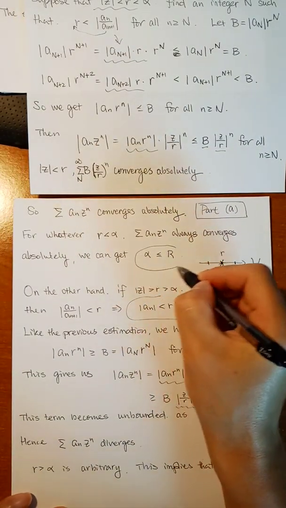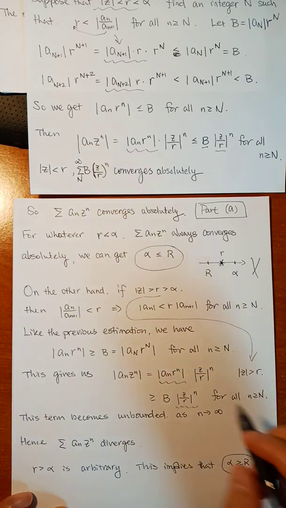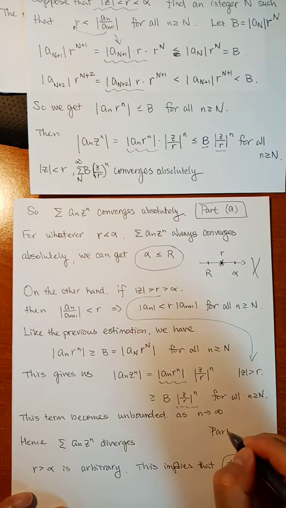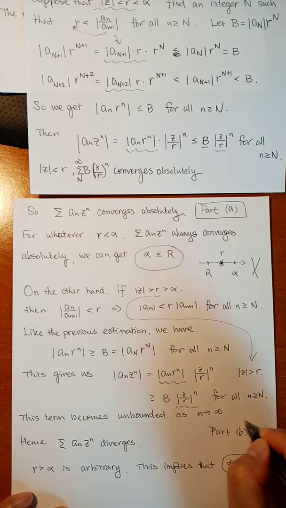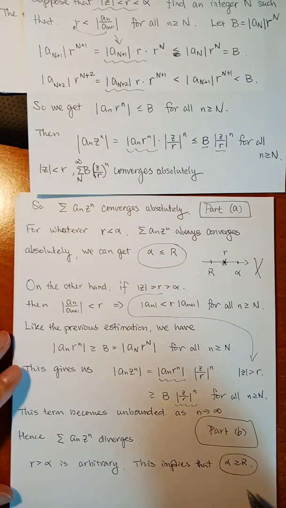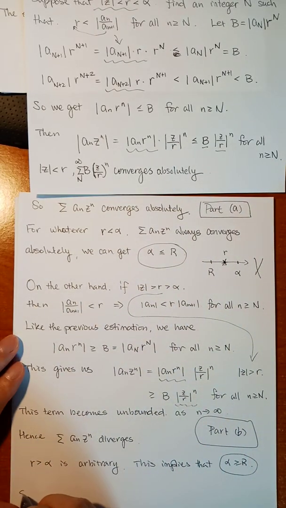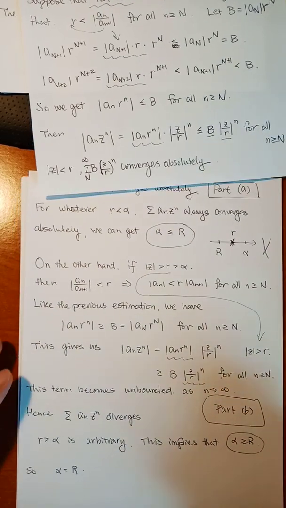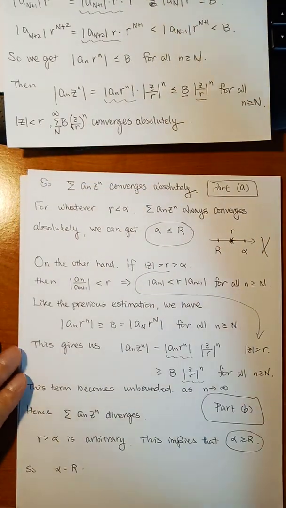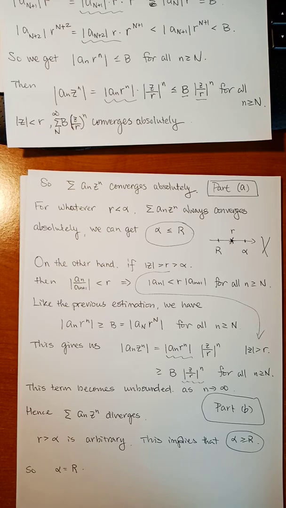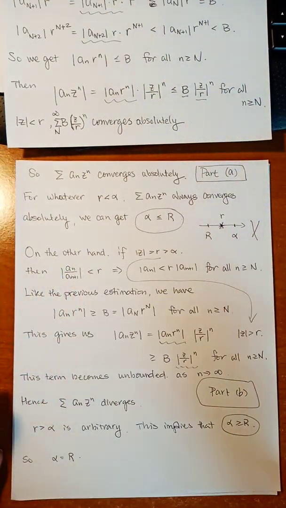Alpha is less than or equal to r, and alpha is greater than or equal to r. This is part B. So alpha is equal to r. See it? So this is a very, very interesting and short, neat proof. You're supposed to memorize it. It's a very, very good proof.